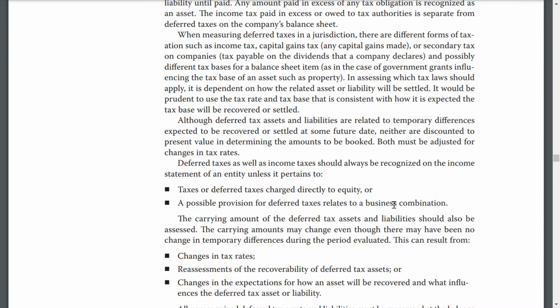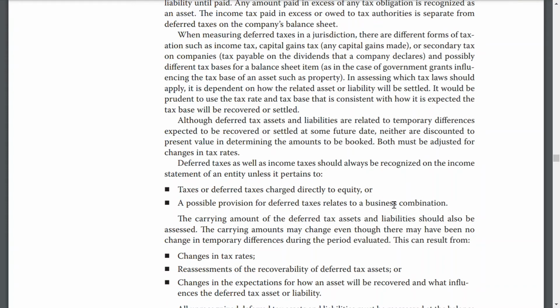Deferred taxes as well as income tax should always be recognized on the income statement of an entity unless it pertains to taxes or deferred taxes charged directly to equity, or a possible provision for deferred taxes relates to business combinations. The carrying amount of the deferred tax assets and liabilities should also be assessed.